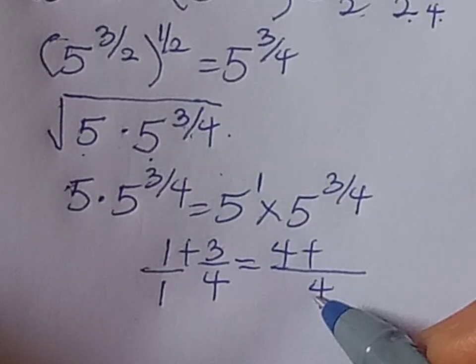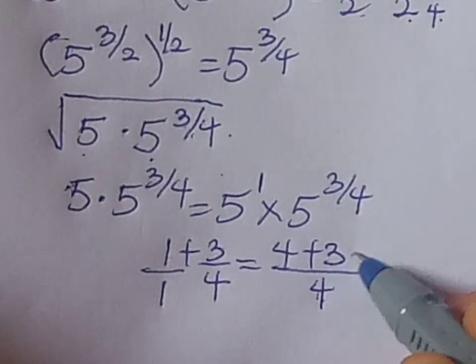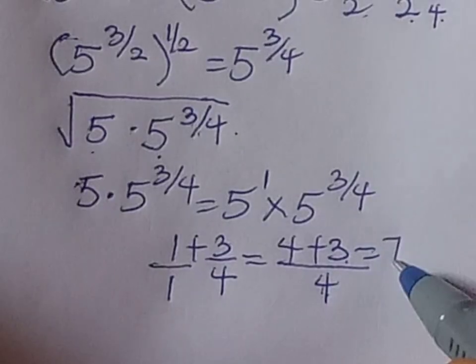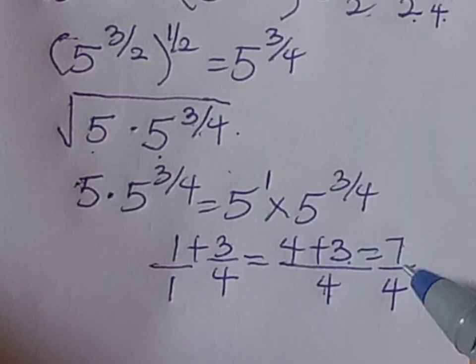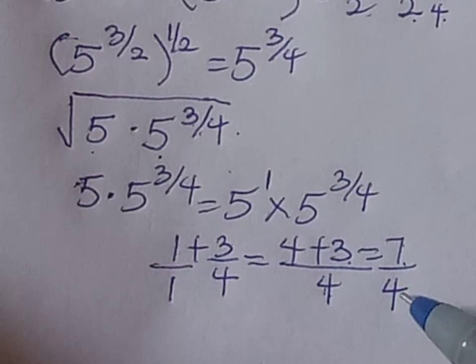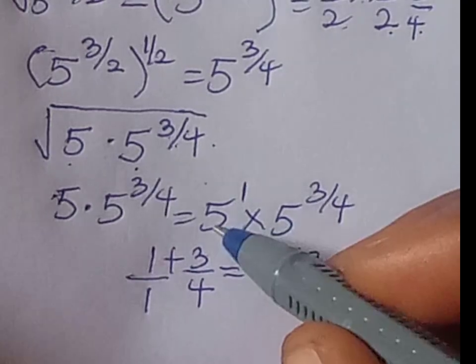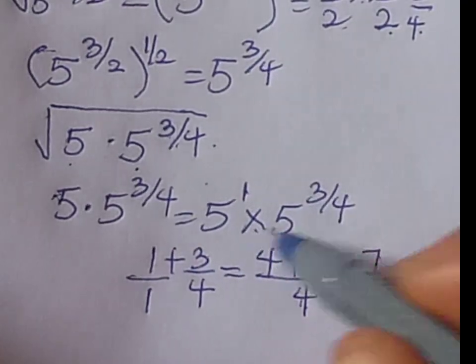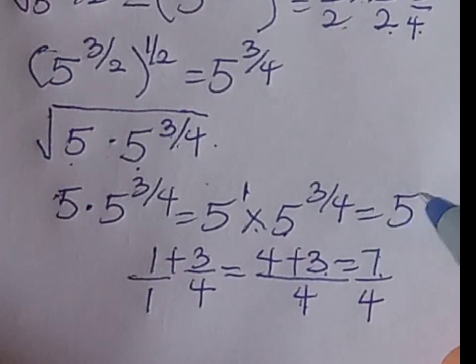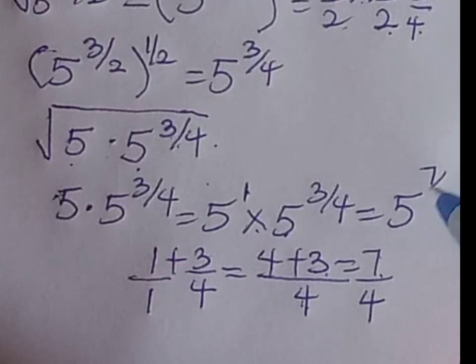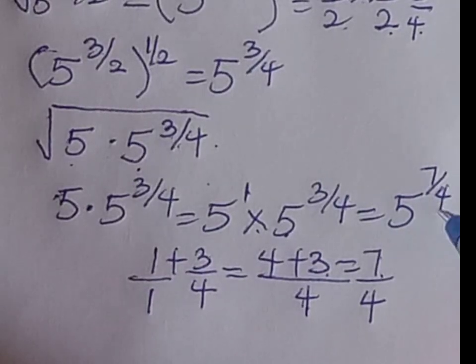Plus 4 in 4, 1. 1 times 3, 3. 4 plus 3, 7. 7 divided by 4. So our exponent is now 7 divided by 4. 5 raised to the power of 1 multiplied by 5 raised to the power of 3 over 4 will give us 5 raised to the power of 7 over 4.